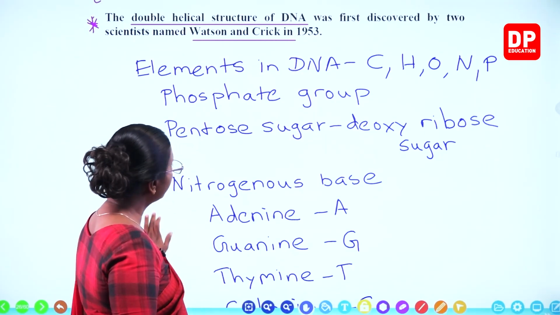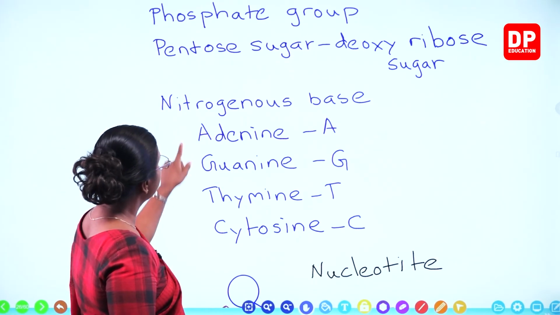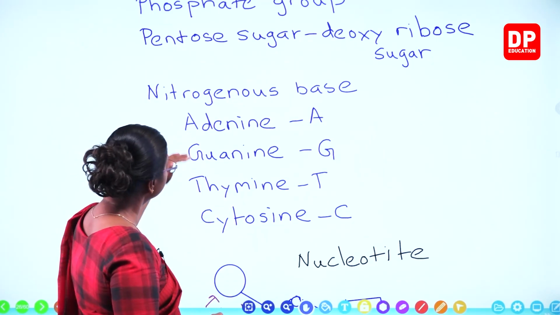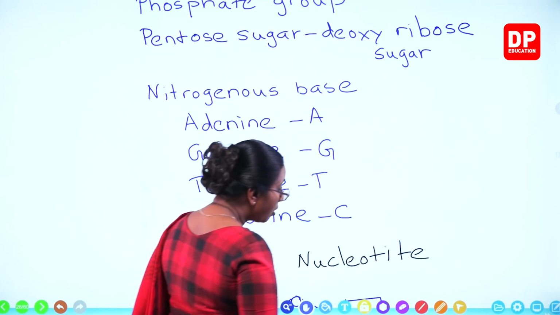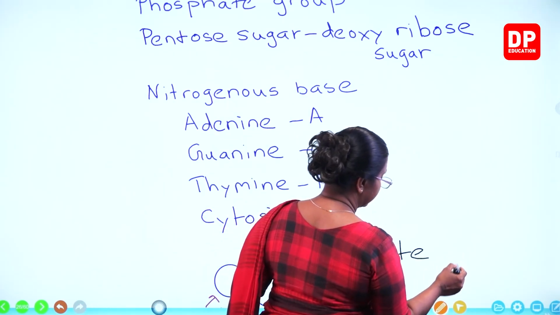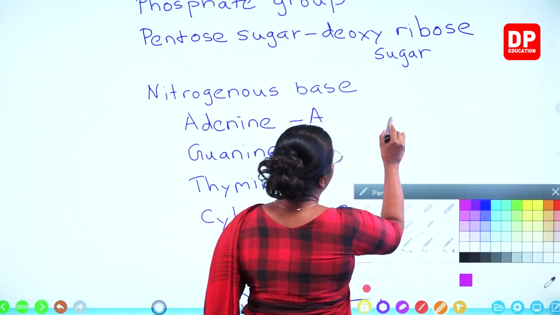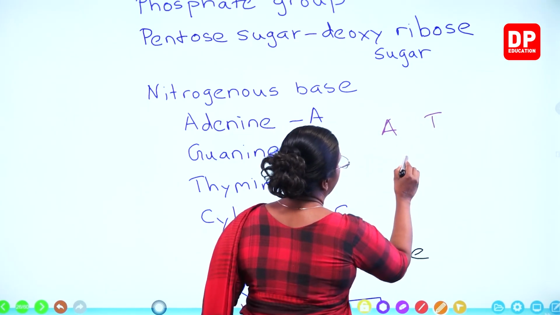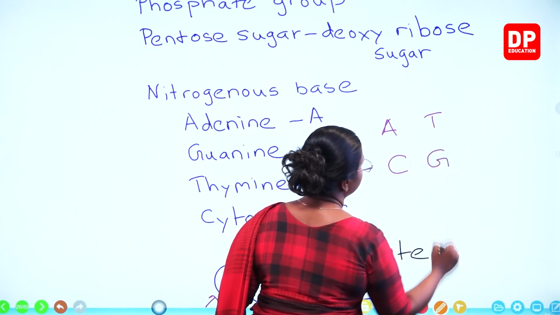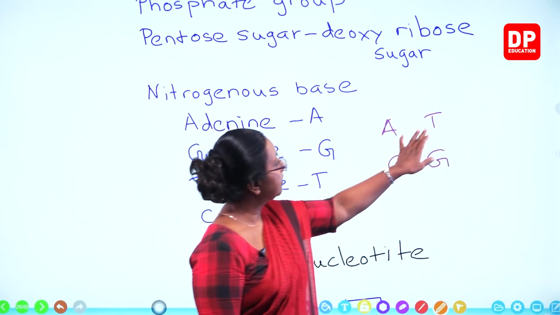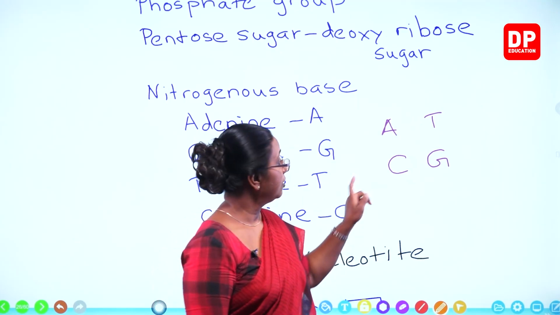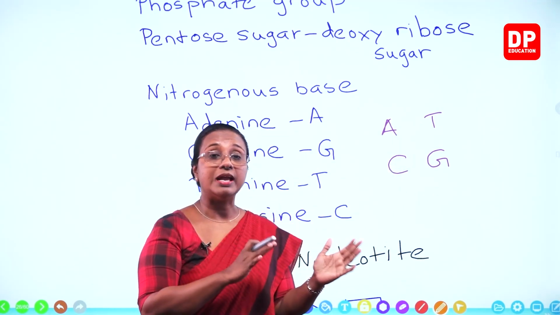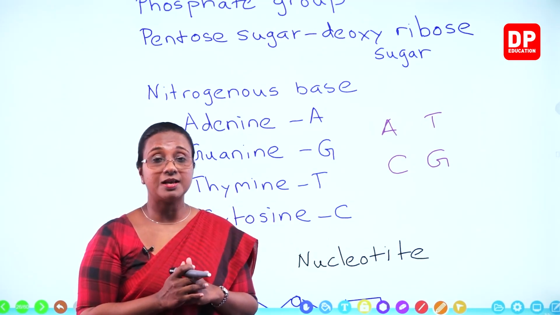There are 4 types of nitrogenous bases, and out of these 4 types, there is a certain way in which the bases combine. Always adenine is supposed to join with thymine, and cytosine will join with guanine. Or thymine will join with adenine, whereas guanine will join with cytosine. That is how you get the complementary base pairs.